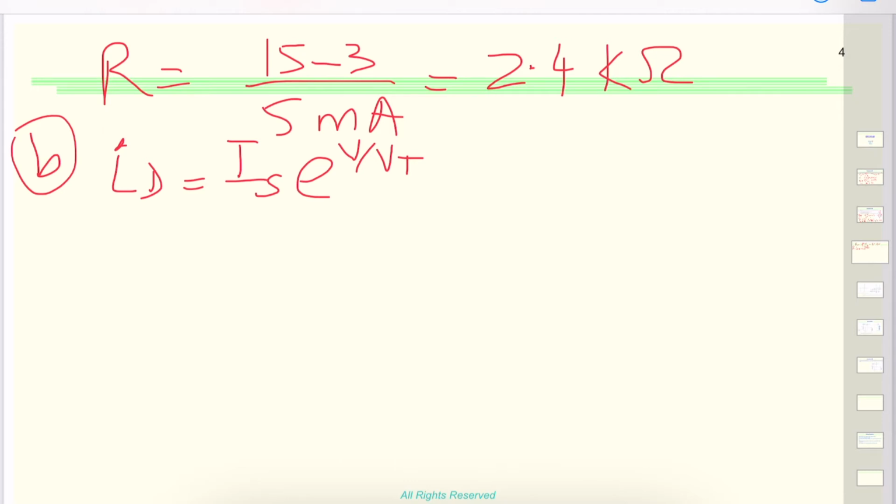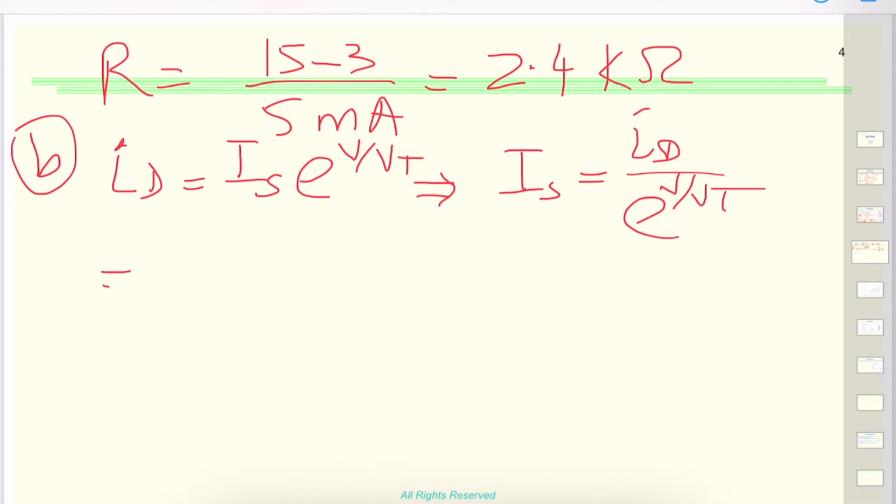So by rearranging, we can write down Is to be Id divided by the exponential. I can directly write it as e to the power minus, but let's just stick to the way it is, V over Vt. And so let's just plug in the values. So we have Id is 5 milliamp. We just calculated that.